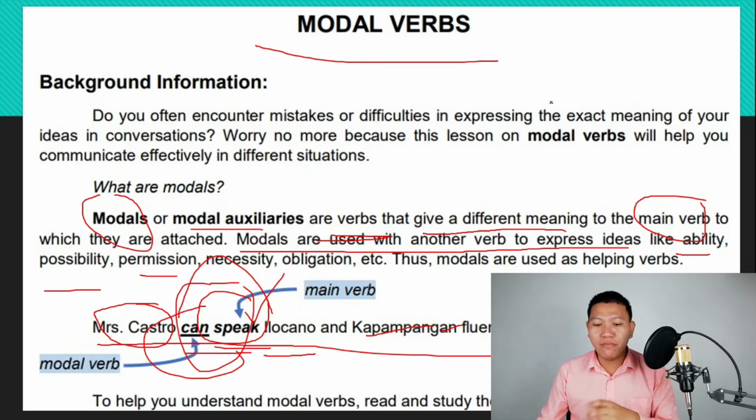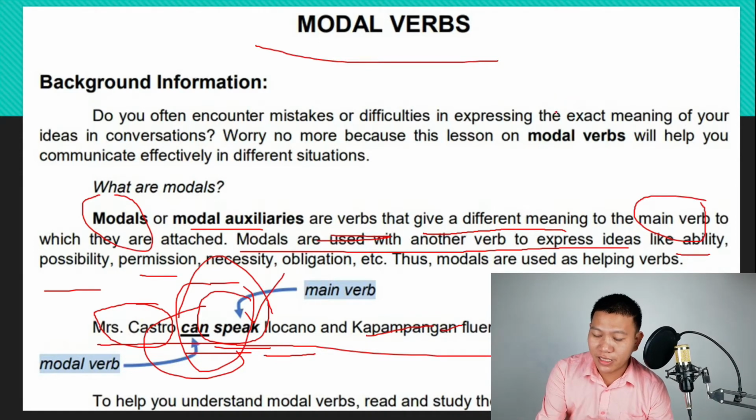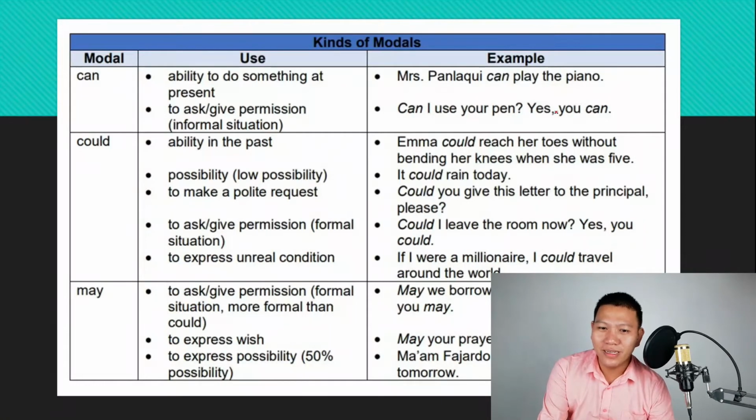Now, to help you understand more on modal verbs, let us study these tables. So these tables are the different kinds of modals. So they contain what modal is particularly used, and then how it is used, and some examples. Okay, let's start with can.